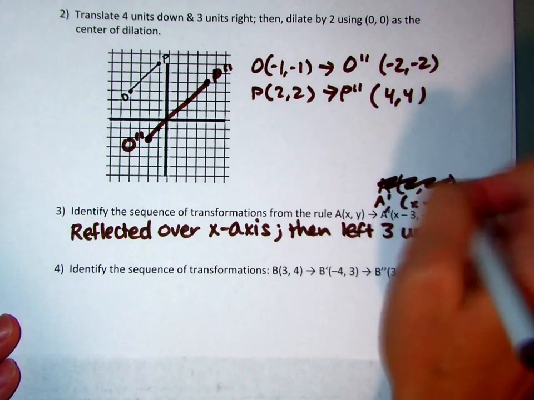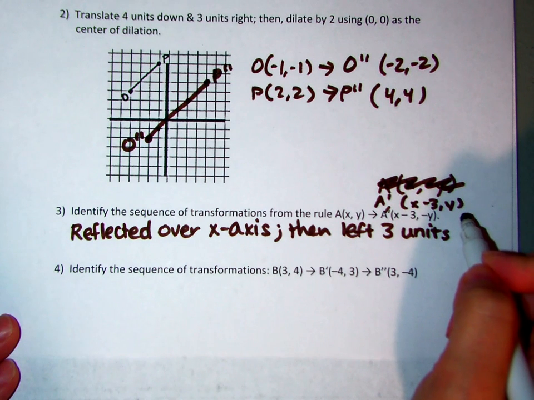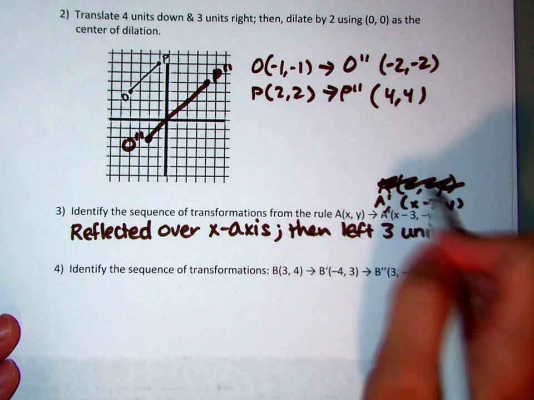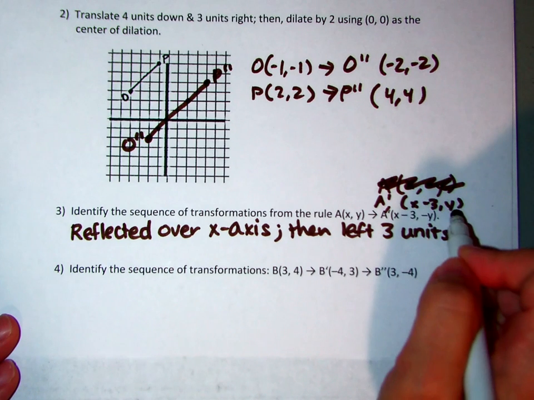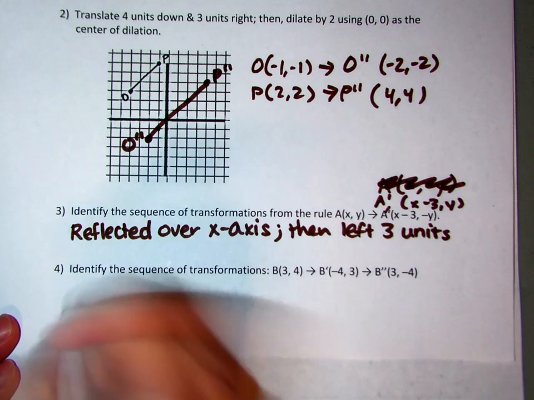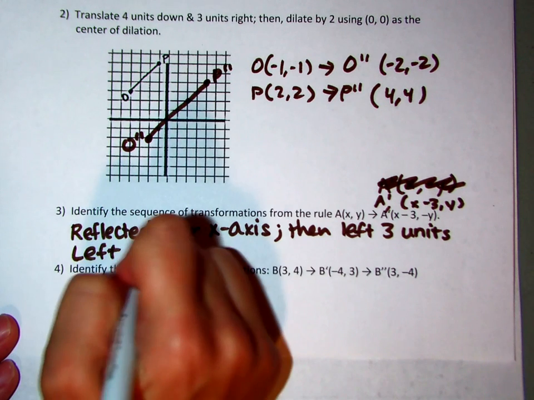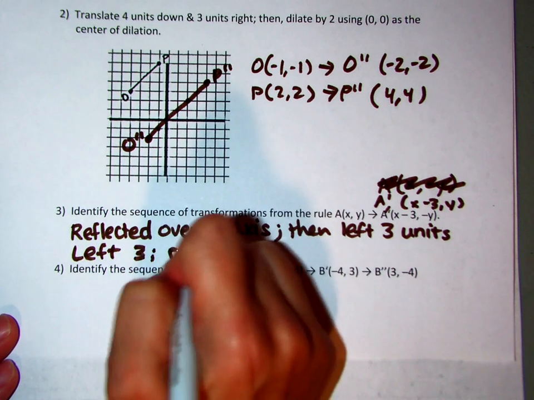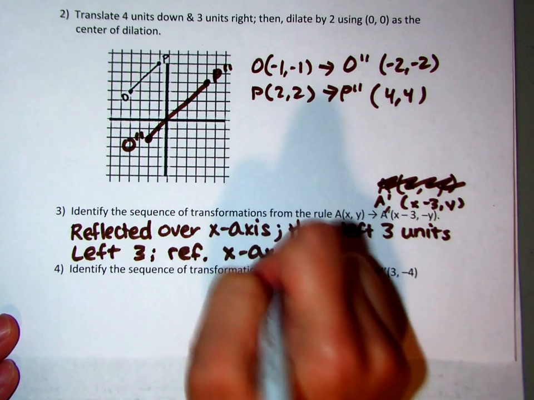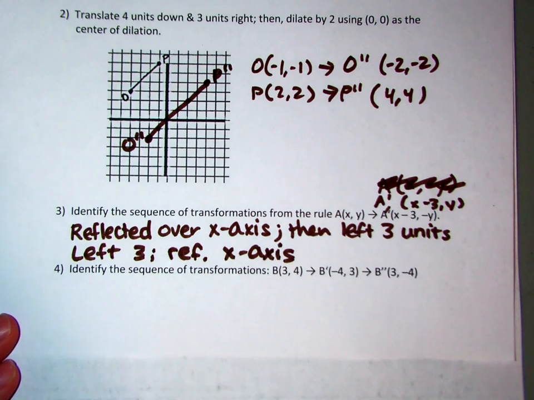So not this one anymore, we're working with this one. And then if I want to reflect it over the x-axis, this x would stay the same, but the y would go opposite in value, which would actually match that. So another option could be that we went left 3 units and then we reflected over the x-axis. So either one of these would have worked in this case.